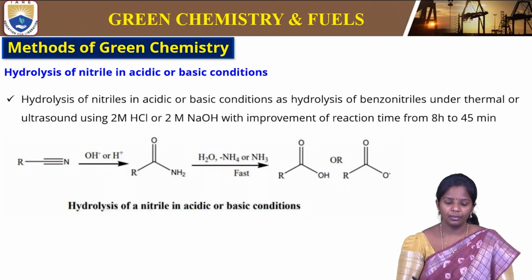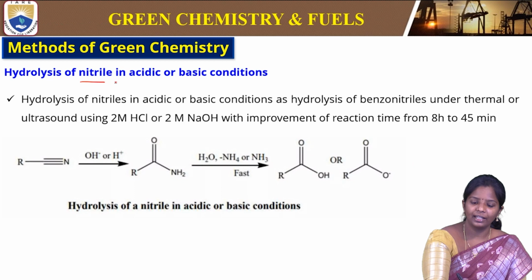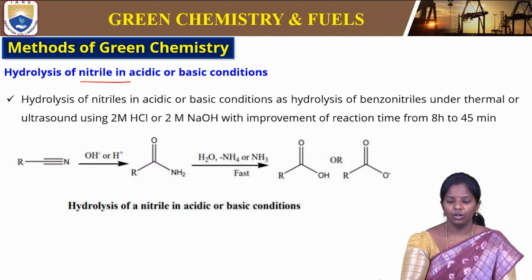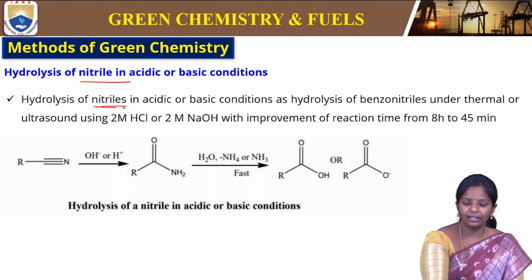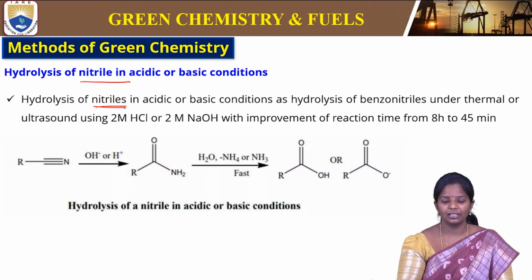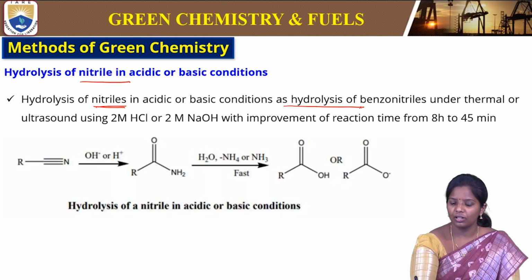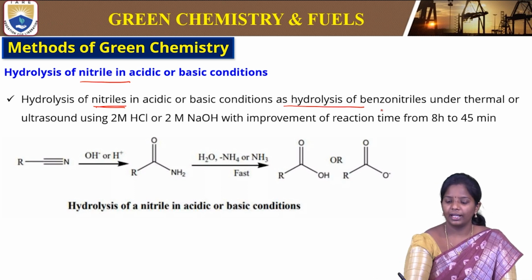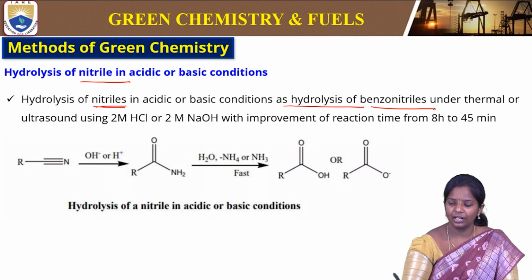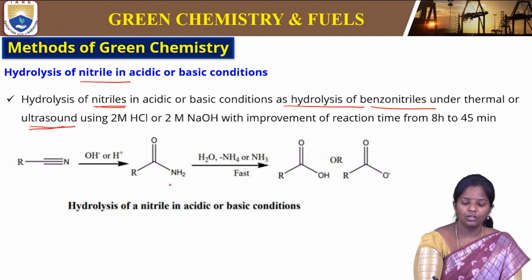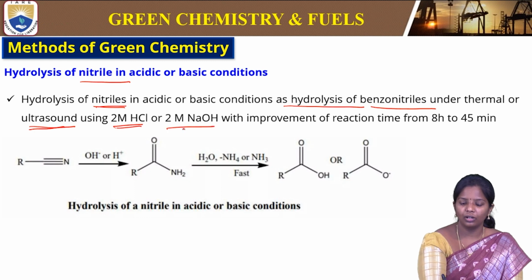So examples are hydrolysis of nitriles in acidic or basic conditions. This hydrolysis of nitriles takes place in both acidic and basic conditions, as in the hydrolysis of benzonitriles. So benzonitriles under thermal or ultrasound conditions, using 2 molar HCl or 2 molar sodium hydroxide. So this is base, this is acid.